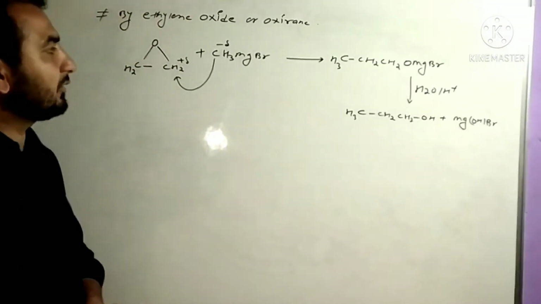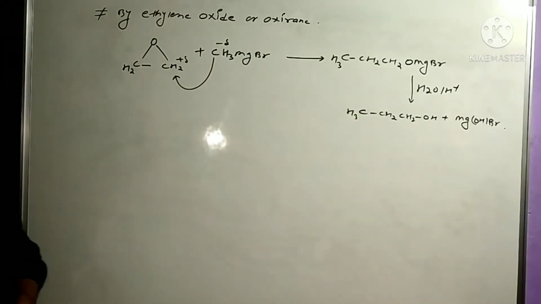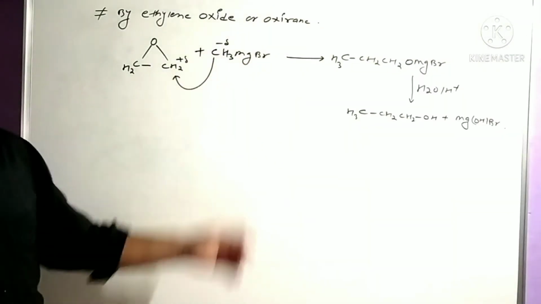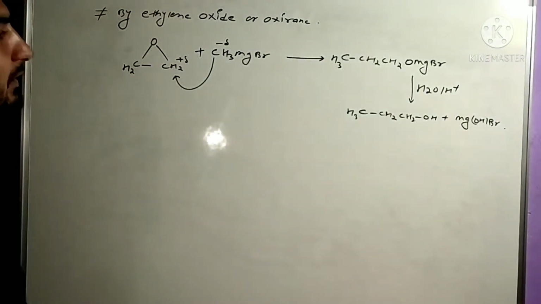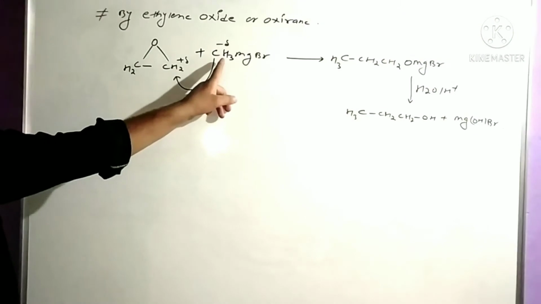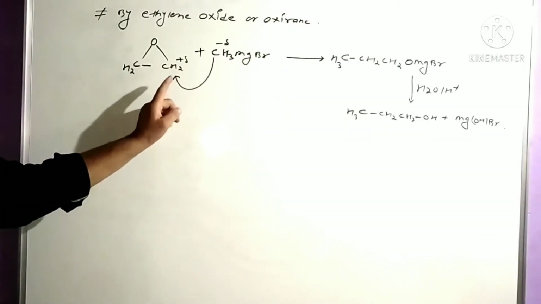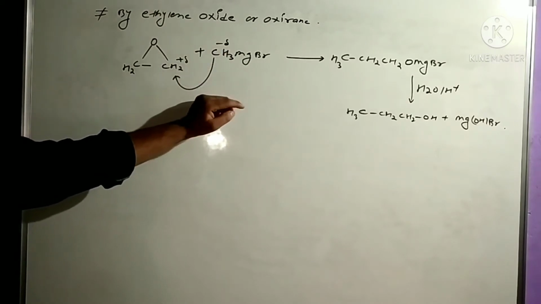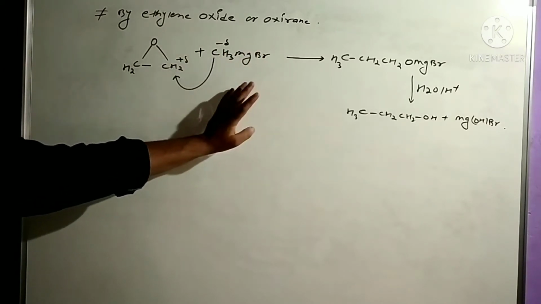Simple thing here. This is called the oxirane, or ethylene oxide, when it reacts with methyl magnesium bromide, your Grignard reagent. So first of all, this CH3 will attack any of the carbons, because these two carbons are positively charged, and in the Grignard reagent this carbon has the negative charge, and the remaining portion has the plus charge.